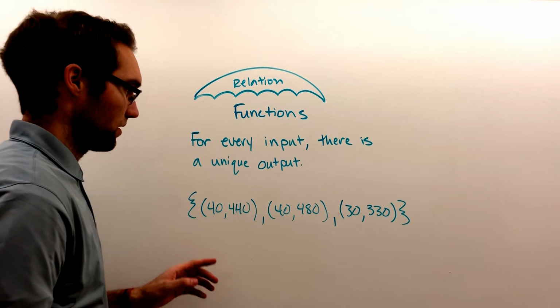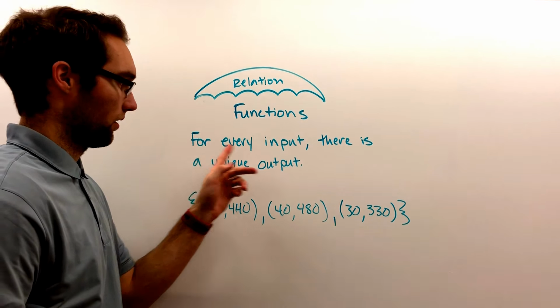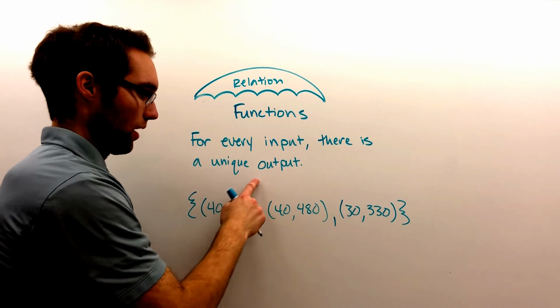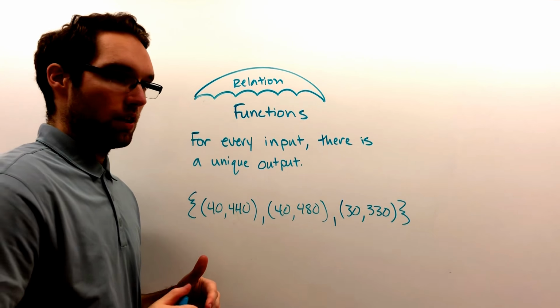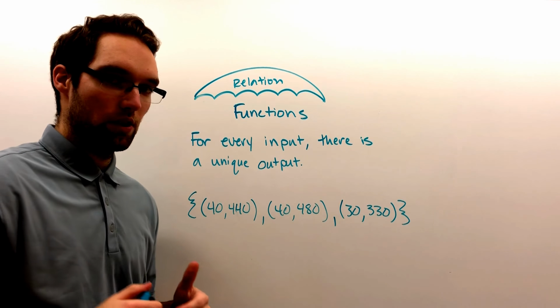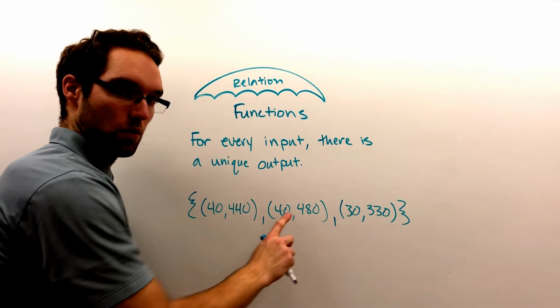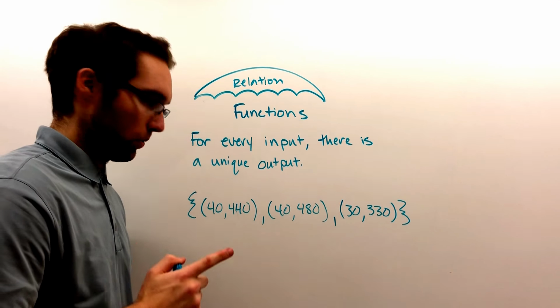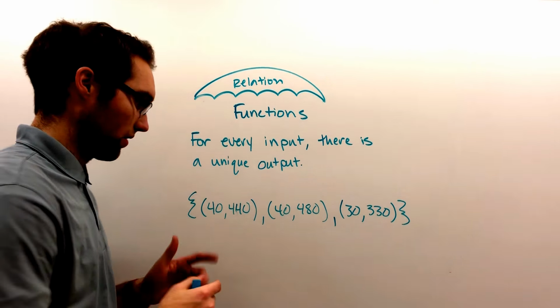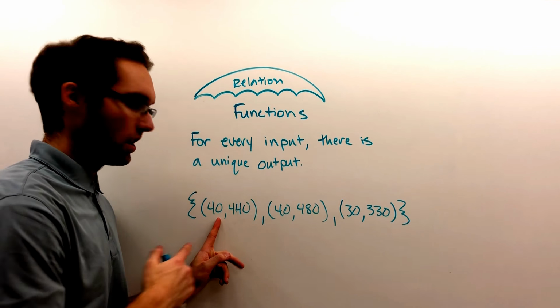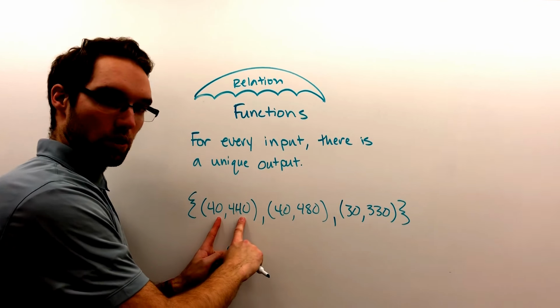The reason is our little informal definition we have here: for every input, there's a unique output. So for every input, or every independent variable, so 40 and 40, there should be one unique output. This person who worked 40 hours in this week made $440.